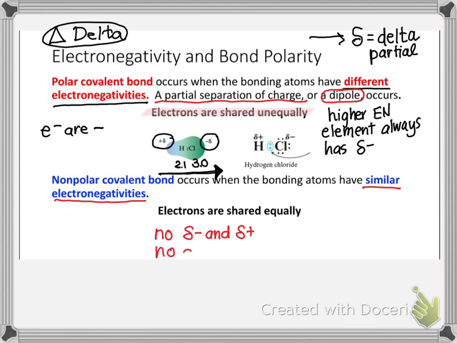There's no dipole, which is the separation of charge. So when the electronegativities are close to each other, then the electrons are going to be shared equally. So polar is when the electrons are shared unequally because of a difference in electronegativities. Nonpolar bonds occur when the electrons are shared equally and occur when there's no or very small difference in electronegativity.